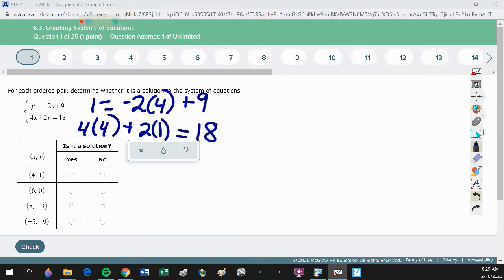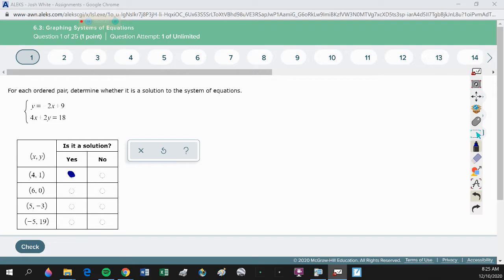Is that equal to 18? 4 times 4 is 16. 16 plus 2 is 18. So yes, this point works in both equations. Yep, it has to work in both.